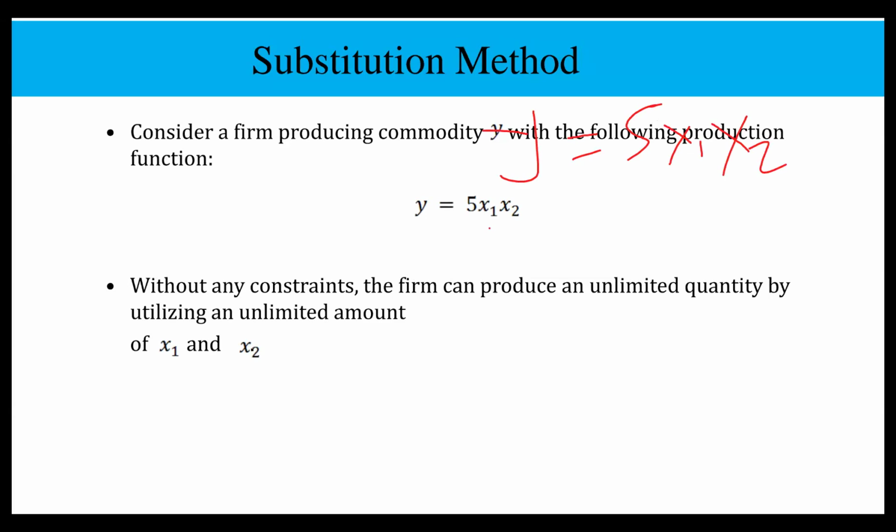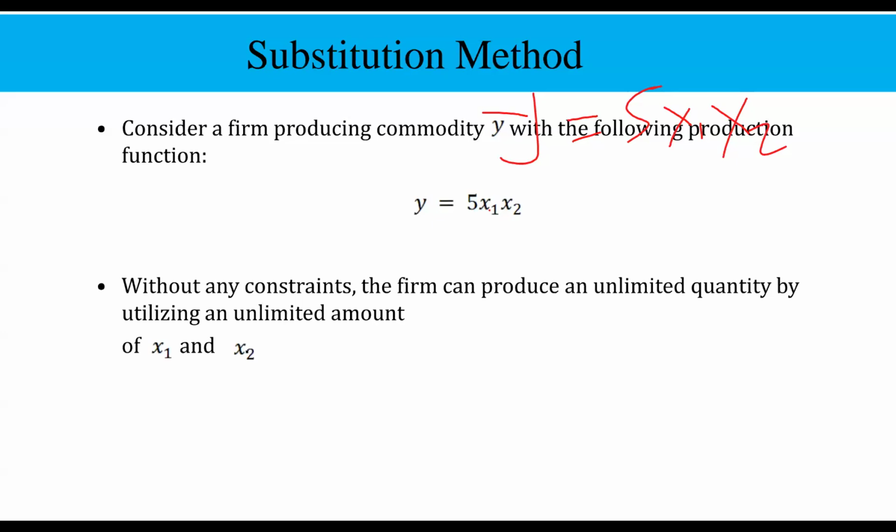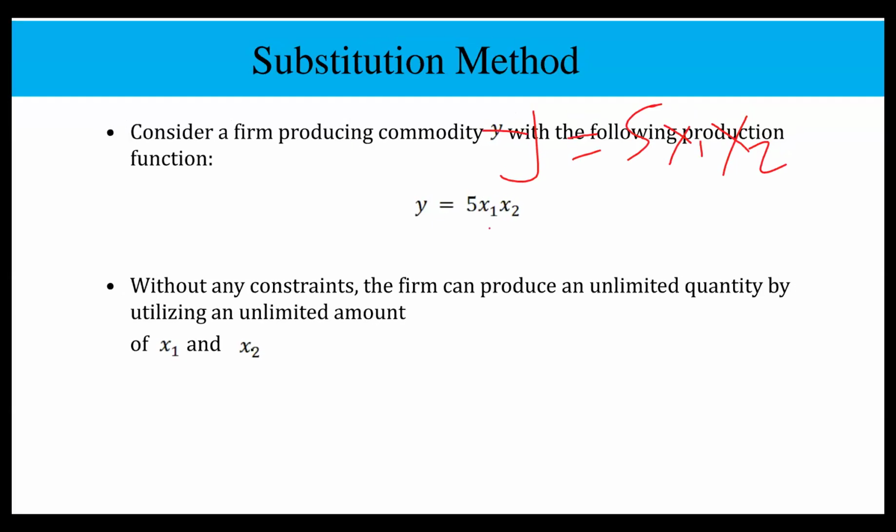That's what can happen if we don't have any constraint. When you optimize this production function, the firm can produce whatever number of outputs, as much as they want, because there is no limit.